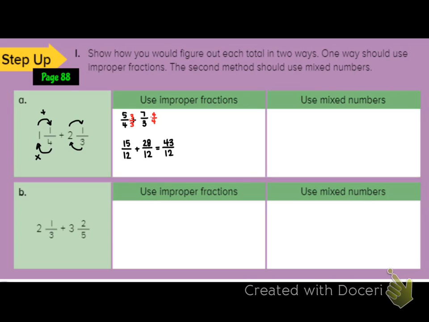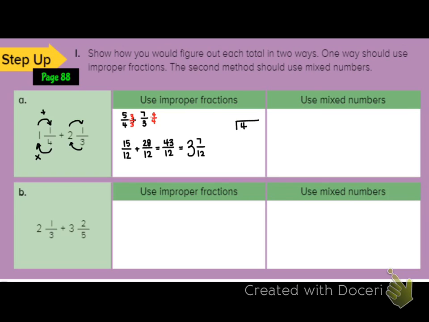Now, when you change mixed numbers to improper fractions, oftentimes, if you're adding, at the end you're going to have to change the improper fraction back to a mixed number. So I have 43/12. I can either do this in my head. I can say 12 goes into 43, 3 whole times, that's 36, and then there are 7 left over out of the 12. If we don't remember how to do this, we can use Tae-Bo.